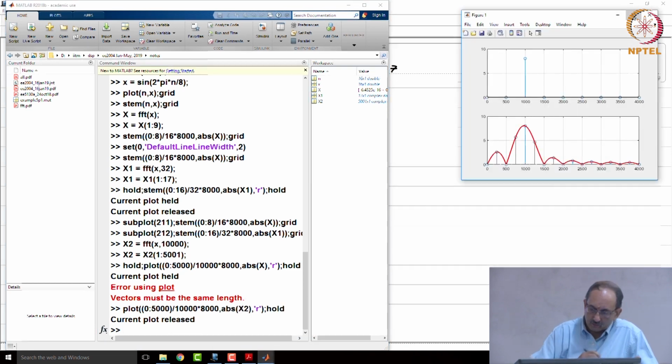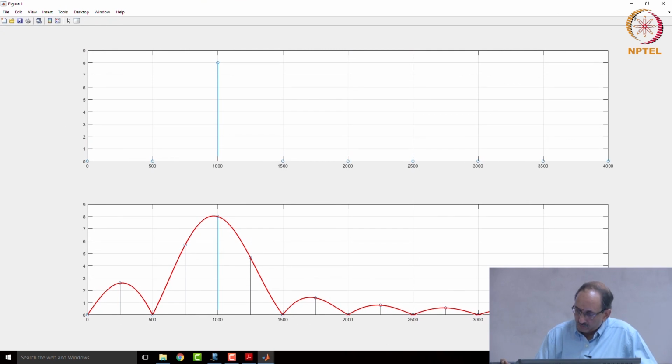And is there anything else that is worth making a note of in the DTFT, or heavily zero padded DFT, which is practically the DTFT? Anything else that seems interesting from this plot?